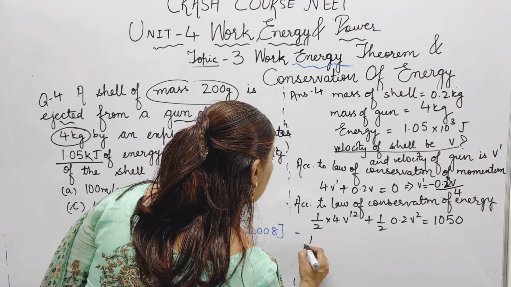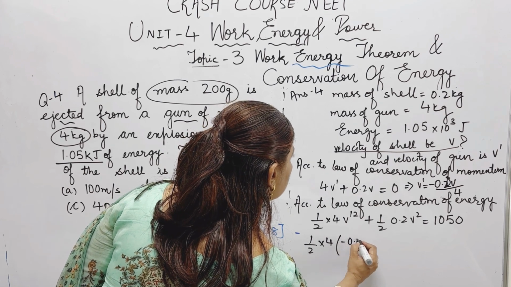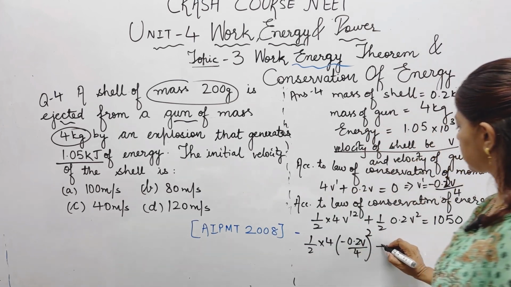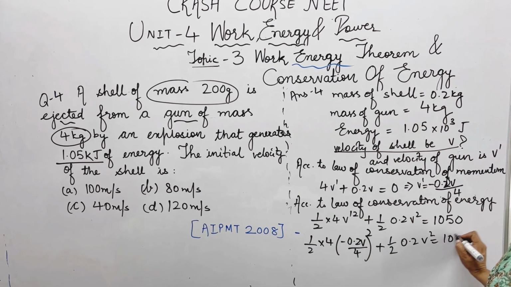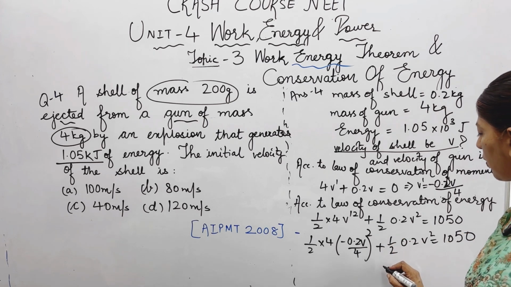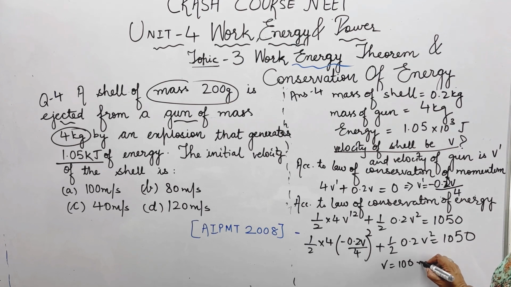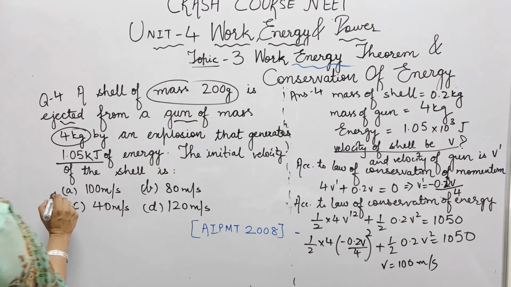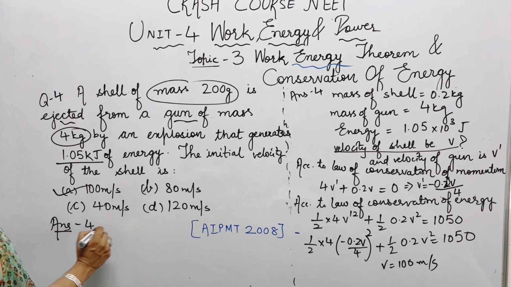We will have half 4 into (minus 0.2 v by 4) whole square plus half 0.2 v square equal to 1050, and on solving we get the value of v equal to 100 meter per second. So our option A is correct for question number 4. This is 100 meter per second.